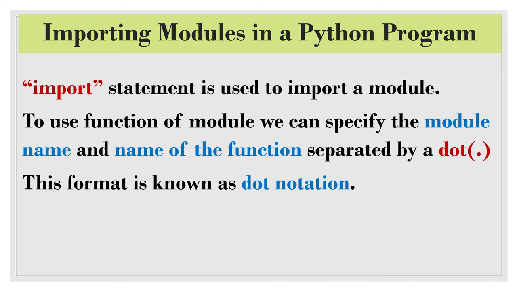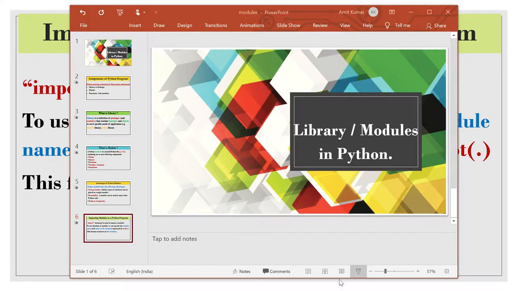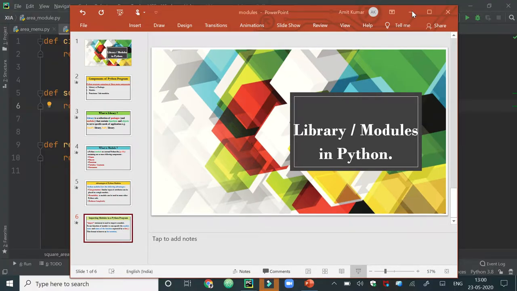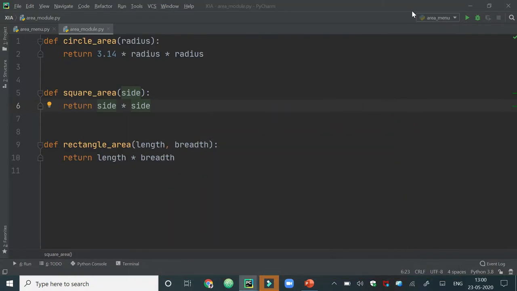Now let's have a demonstration of one Python program to understand how it works in a real life scenario. Here we have one Python module, and the name of this module is area module.